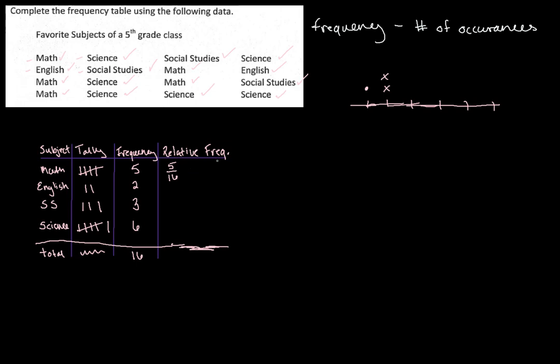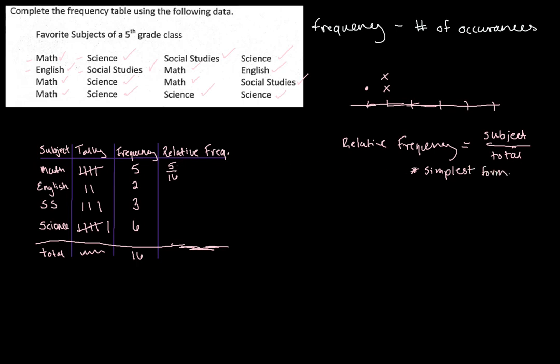And relative frequency is always the frequency of the subject or the single category over the total, right? We always want that in simplest form. We always want fractions in simplest form, so we need to check for that.